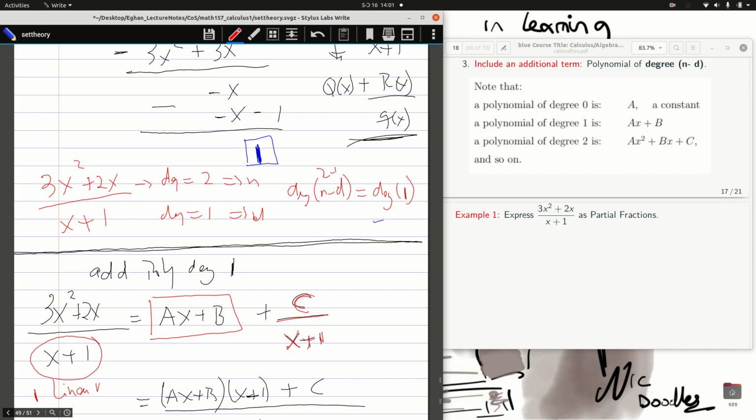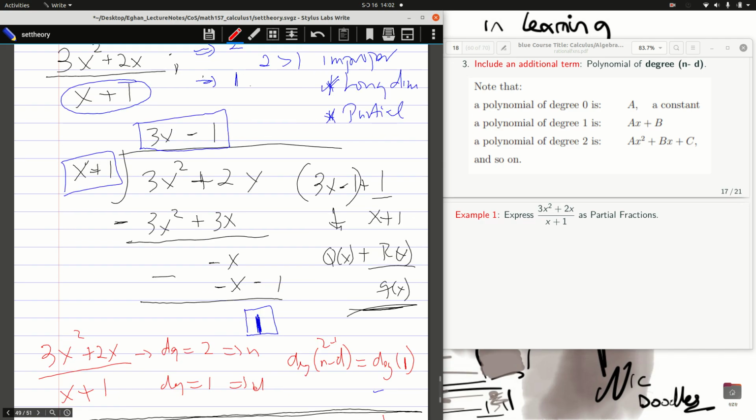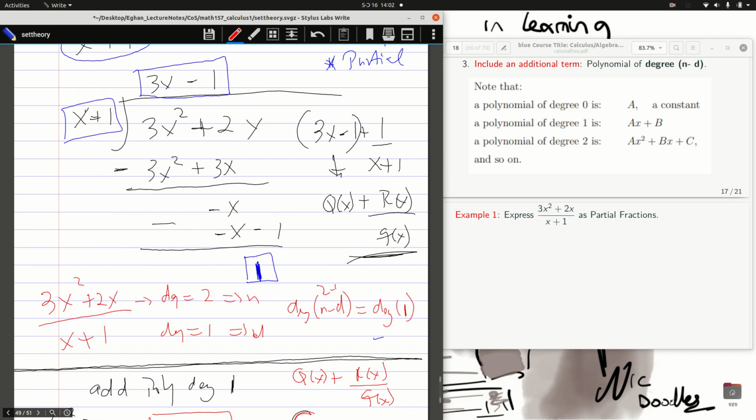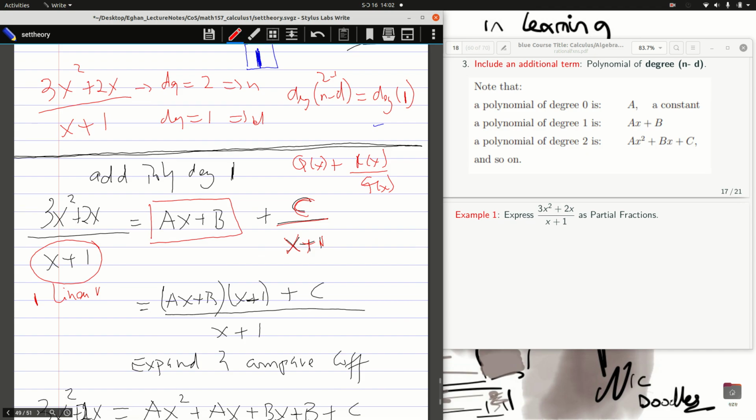Do you see any difference here? This is the same as writing Q of x plus R of x over the divisor. Divisor is known, remainder is not known, quotient is not known. So either you use a long division approach to get them, or the partial fraction form.